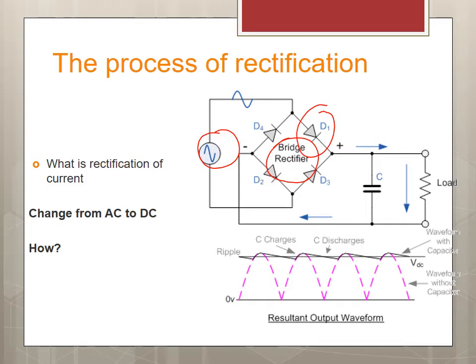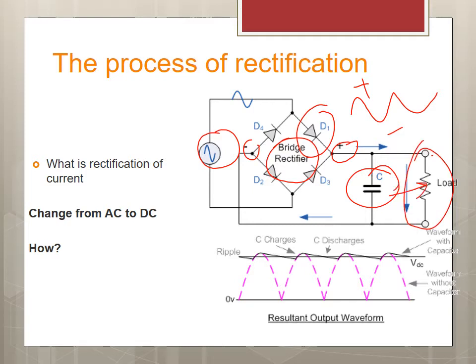So we will filter out whatever is negative, because in a sinusoidal wave, this is positive and this is negative, so the positive side will go on one side and the negative will go on the other side. As the positive side goes this way, we have a capacitor and a load corresponding to the capacitor to get the right impedance, and by doing so we have changed the system from AC to DC.